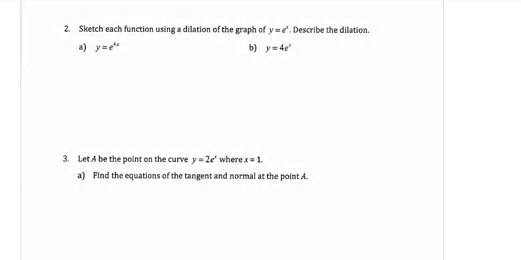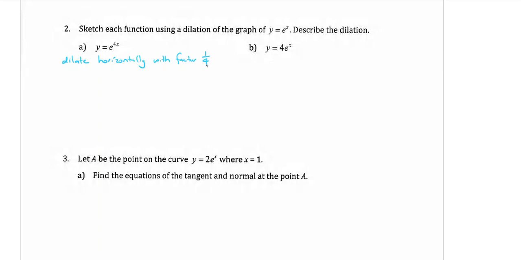A quarter. The table at the front said that it needs to be, if you're replacing x with x over a. But this is not x over anything. It's a 4 up here next to it, which means it would be the same as x divided by a quarter, because you'd flip the 4 back up to the top again to get 4x. Does that make sense? Okay, so we are dilating horizontally with a factor of a quarter.